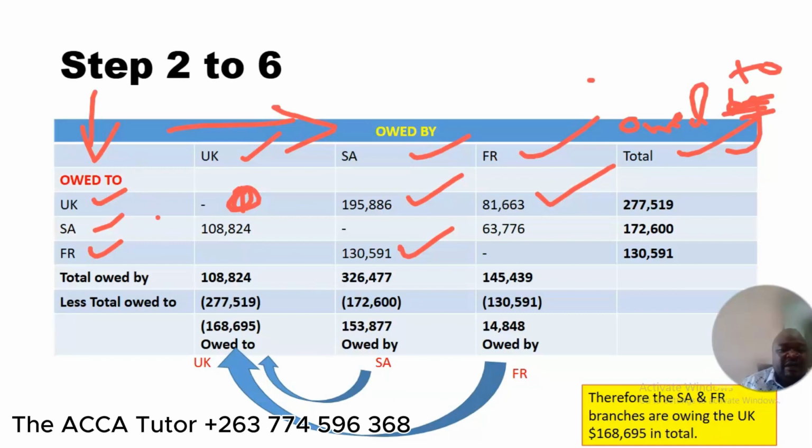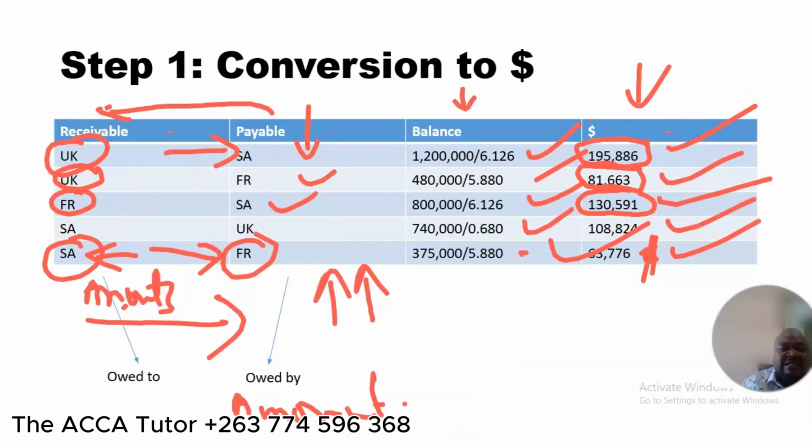Then we ask ourselves, was there another company still outstanding? We've done the UK and the French, now the South African companies. Was there an amount which was being owed to South Africa, which is a receivable, by a UK company?